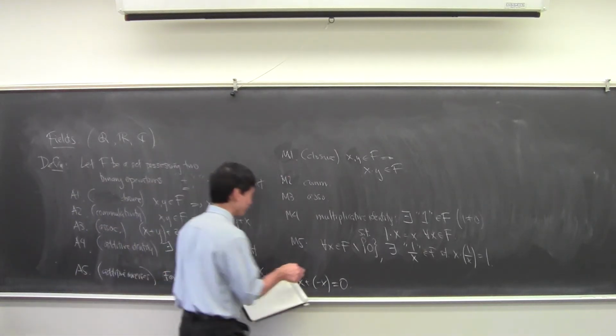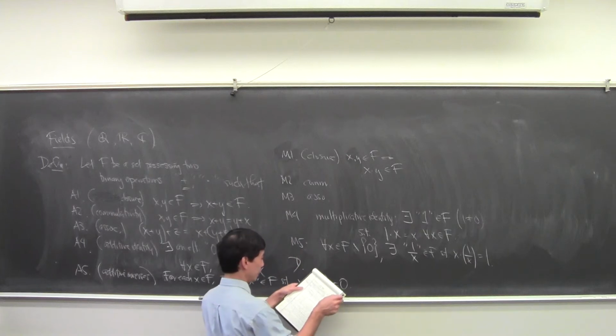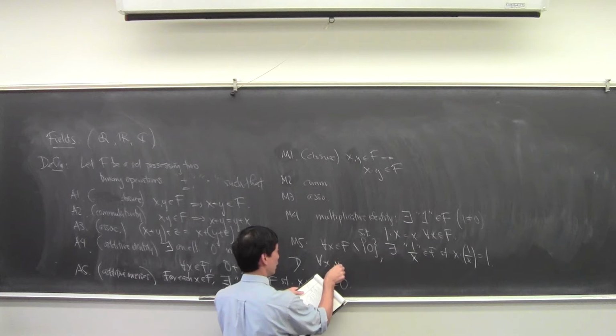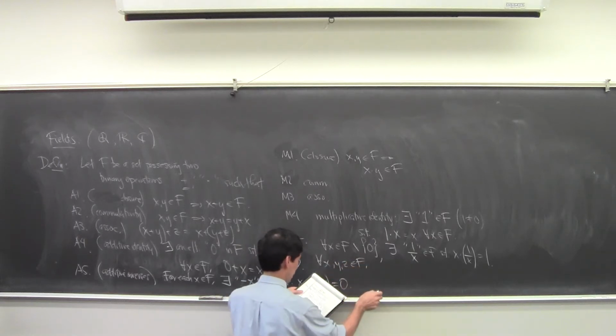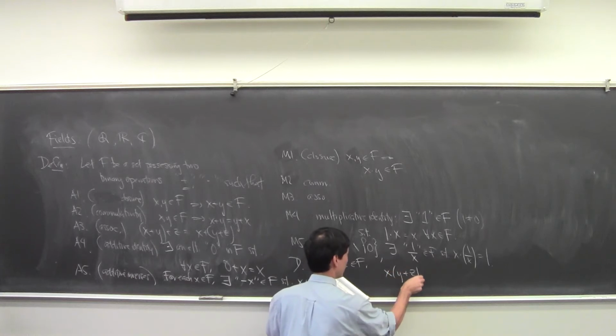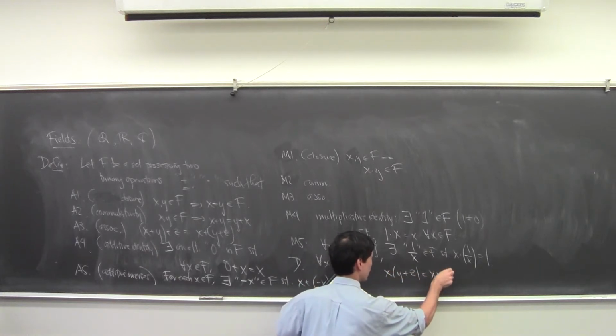Oh, and then, of course, there's one property that involves both of them. Distributivity: for all x, y, and z in F, x times (y plus z) equals xy plus xz.